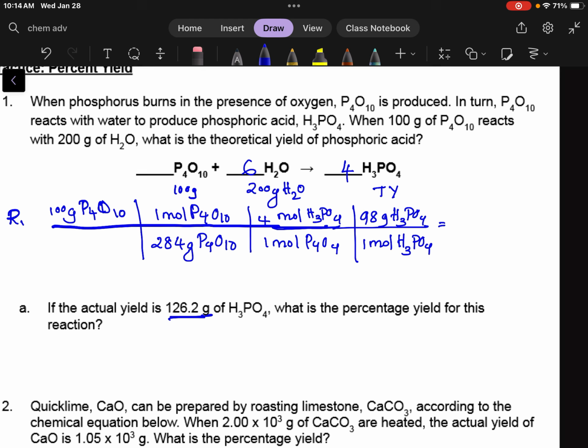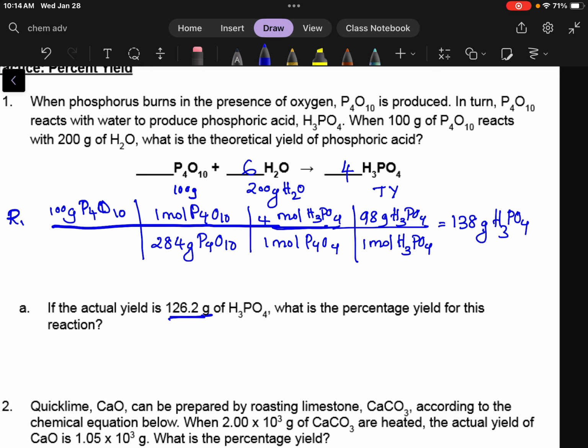That's up to you. You will get 138 grams of H3PO4. Let's do the one in the calculator maybe.